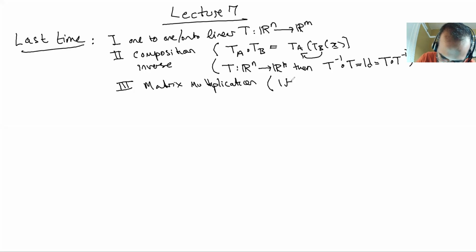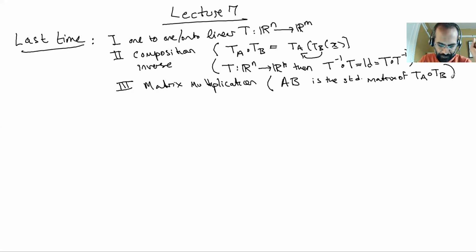So the product A times B, or AB, is the standard matrix of the composition TA of TB. So that's what we did last time.